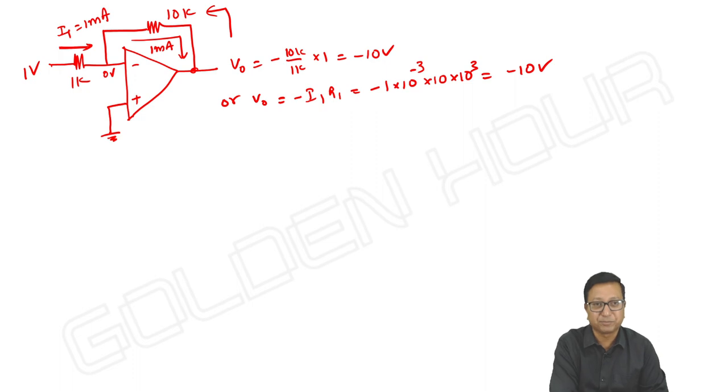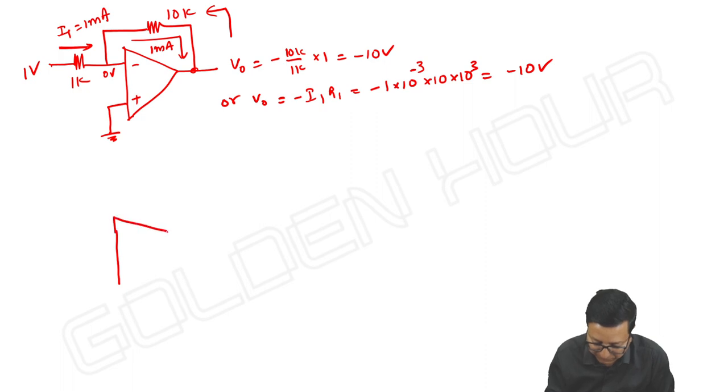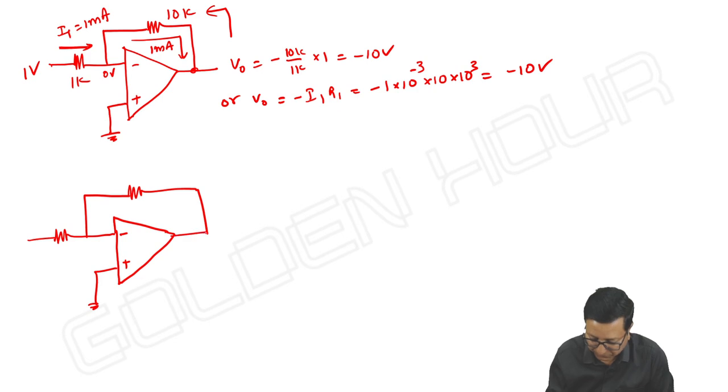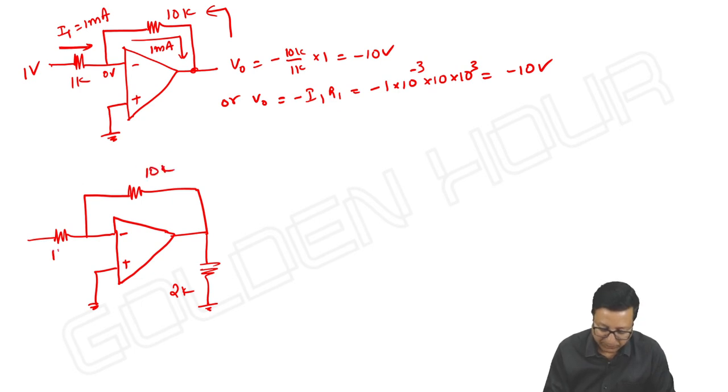Okay, done. Now, the next point, I am connecting some load resistor here. Some 2 kilo ohm load resistor I connected. 10K, 1K, 1 volt.